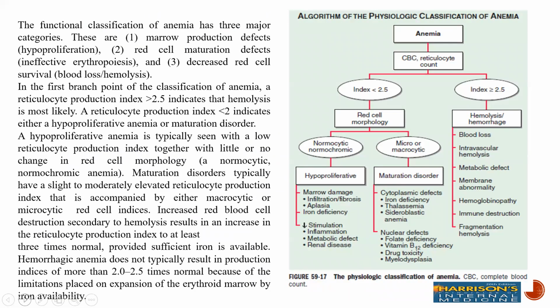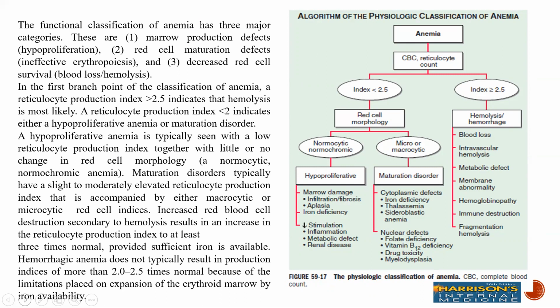The functional classification of anemia has three major categories: marrow production defects, red cell maturation defects, and decreased cell survival in case of blood loss or hemolysis. At the first branch point of the classification of anemia, a reticulocyte production index higher than 2.5 indicates that hemolysis is most likely.